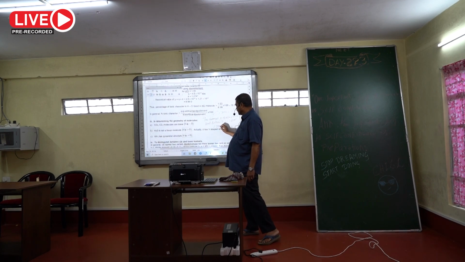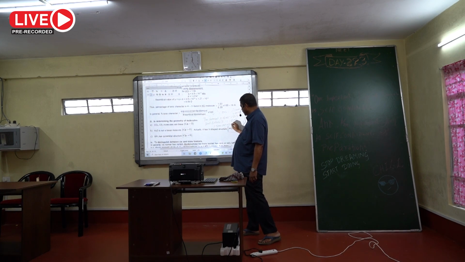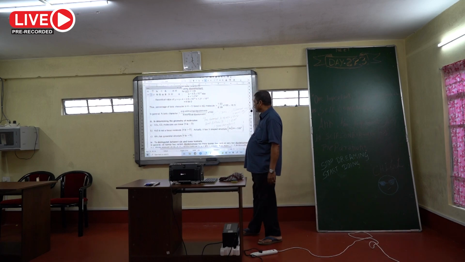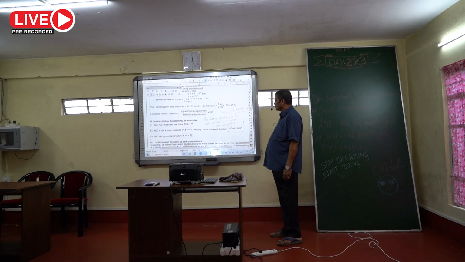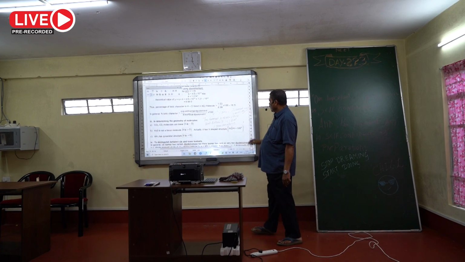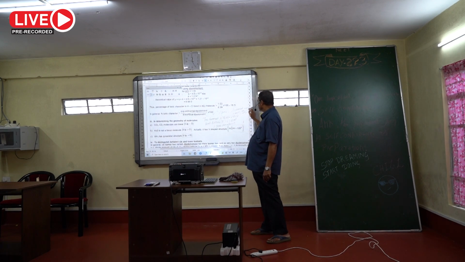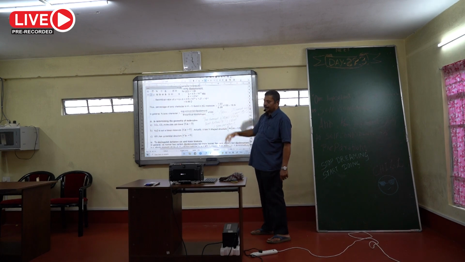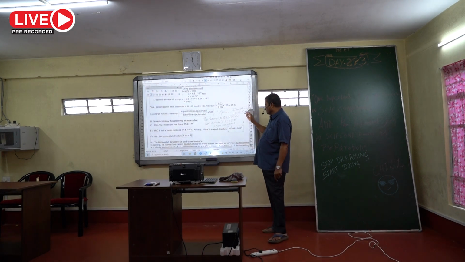Find the percentage ionic character. So I use this form. Both are same. This is easy to understand.